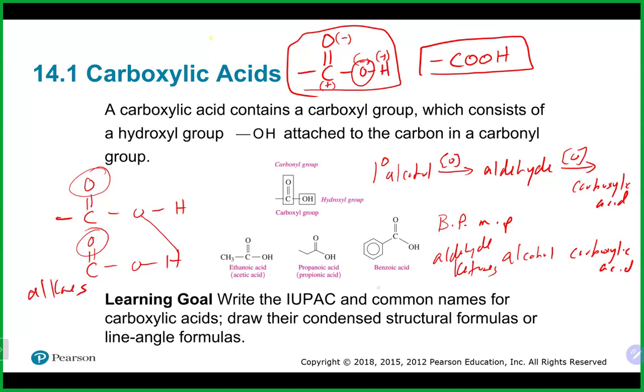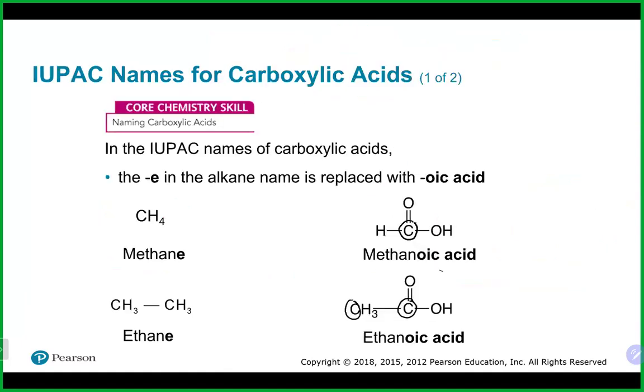So boiling point increasing, melting point increasing as you head typically in that direction, because again of that ability to hydrogen bond really well. When we name carboxylic acids, you replace the E on the alkane name with oic acid. So here we are still looking for the longest carbon chain.